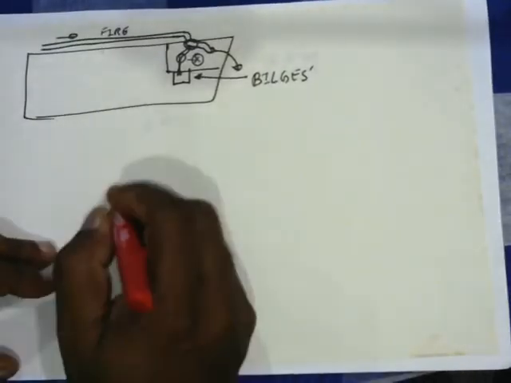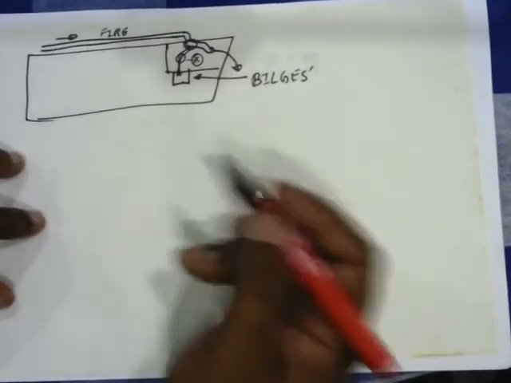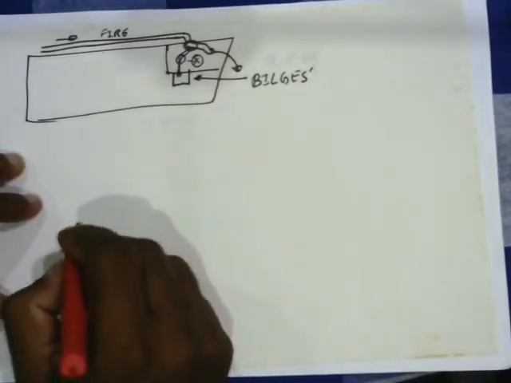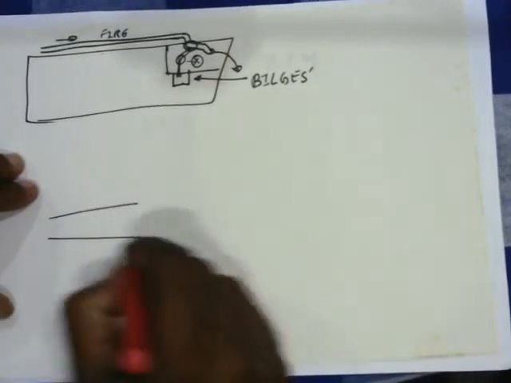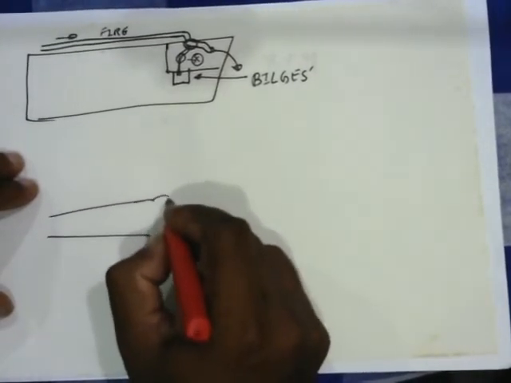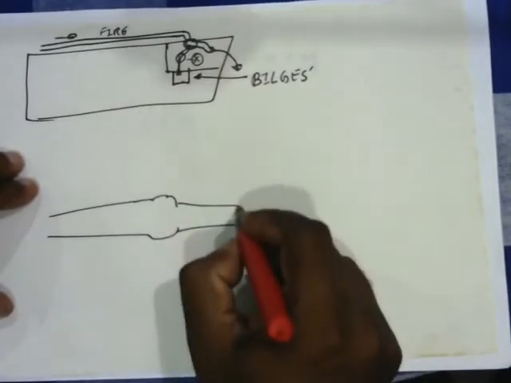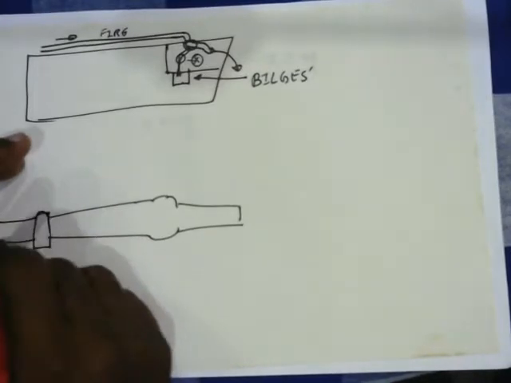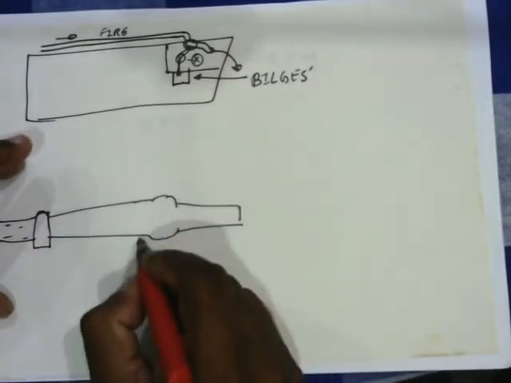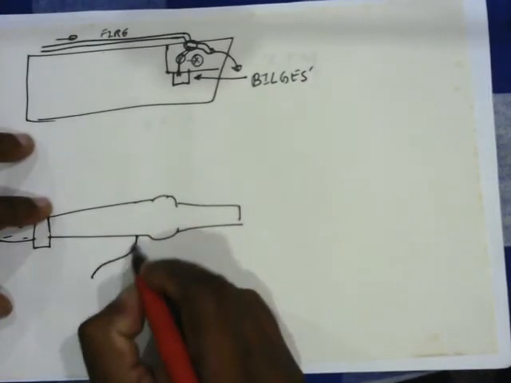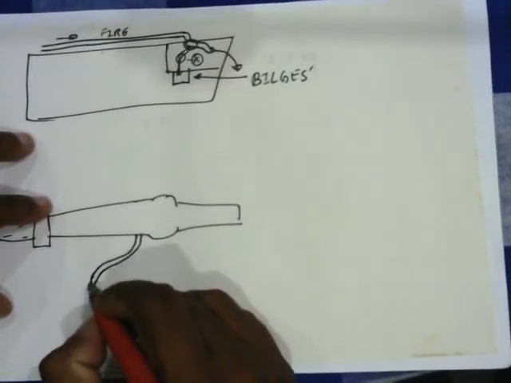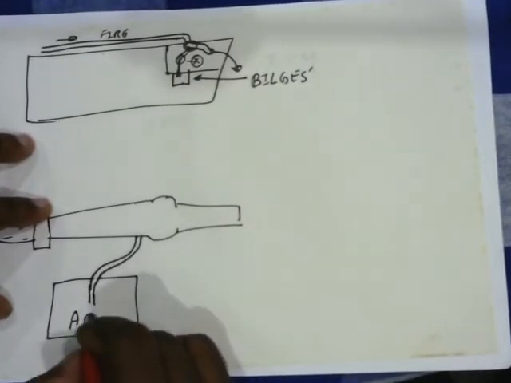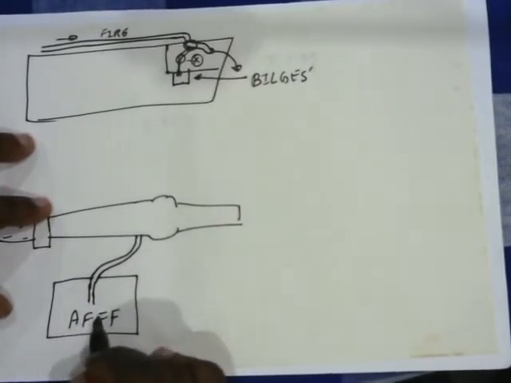And you can see in ships there is another firefighting equipment called the foam monitor system, where you have a nozzle like this, and this is connected into the fire line, and a branch is taken out and put into an AFFF foam can.